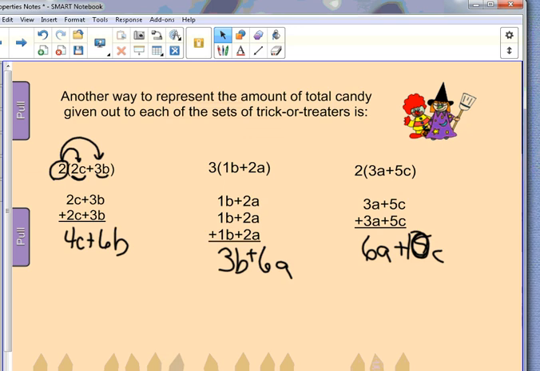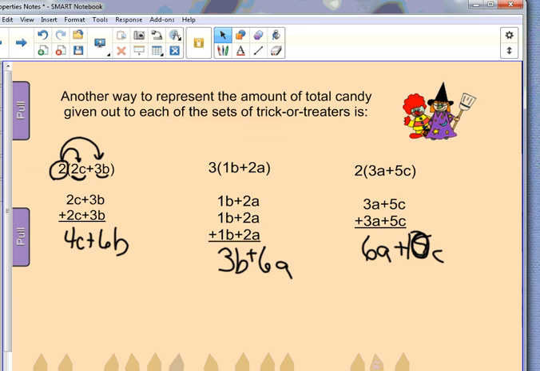So if I do 2 times 2c, what do I get? 4c. If I take 2 times 3b, what do I get? 6b. It's still bubblegums. If I have 2 of them, I have 2 bubblegums. If I do 3 sets of those 2, I have 6 bubblegums. The b doesn't change. On this one, what would I do?